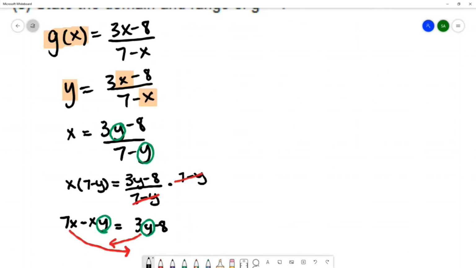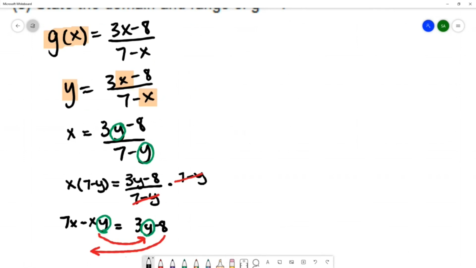That will give negative xy minus 3y equals, oh, I don't like how this is going with all these negatives, so I'm going to switch it up. Instead, I'm going to move this term with y to the right, and the term that doesn't have y to the left. So all the y's will be on the right, and all the terms that don't have y will be on the left.